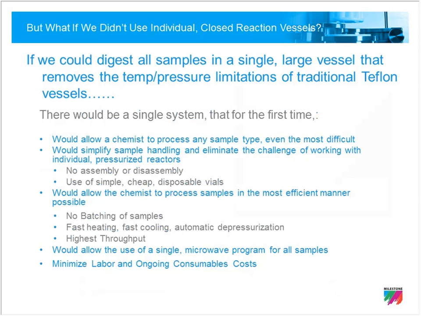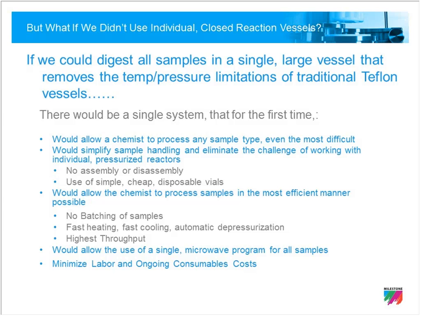So with that being said, in Milestone, we were trying to decide where we want to take microwave technology and what we want to do. Well, these limitations were felt by all labs, regardless of what they're actually doing. So we thought, well, what if we could digest all the samples in a single large vessel instead of using multiple pressurized reactors, which removes the temperature and pressure limitations of traditional Teflon vials.